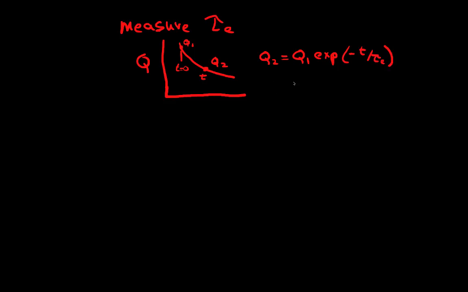Okay, so we rewrite that as Q2 over Q1 is equal to exp(-t/tau_e).